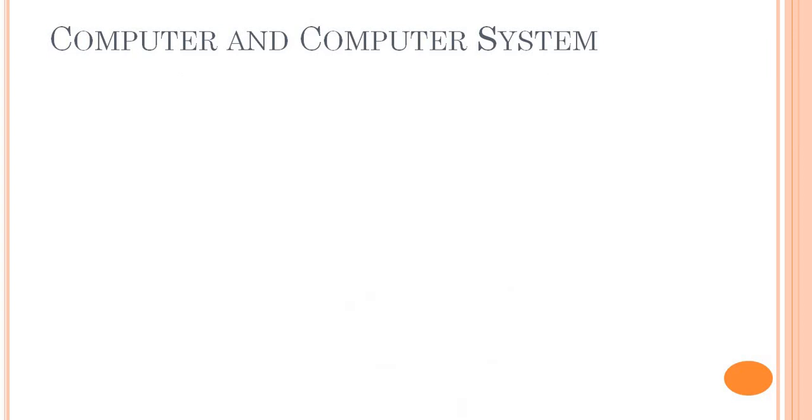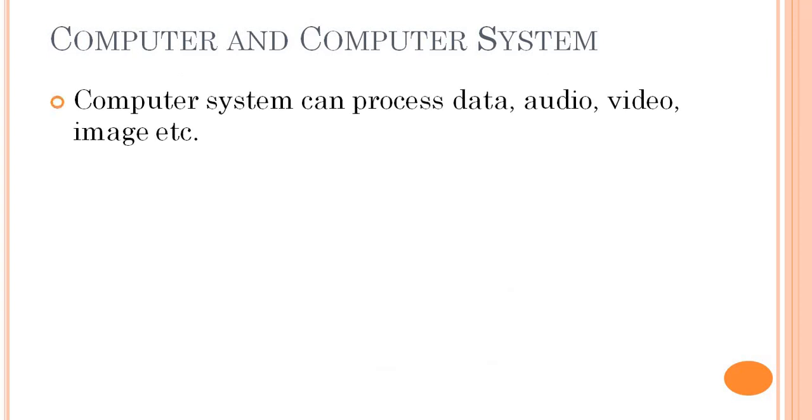Next, computer system. Computer system can process data, audio, video, images. So whatever data you are providing, in any form, any text, any numbers, audios, videos, all different kinds of data can be processed by a computer system. It performs 5 operations.